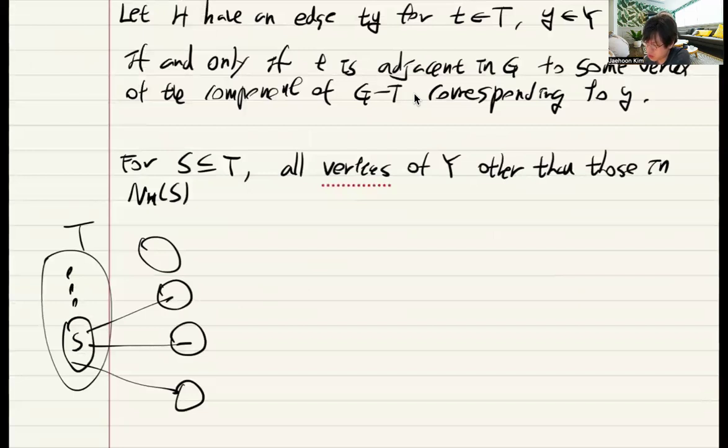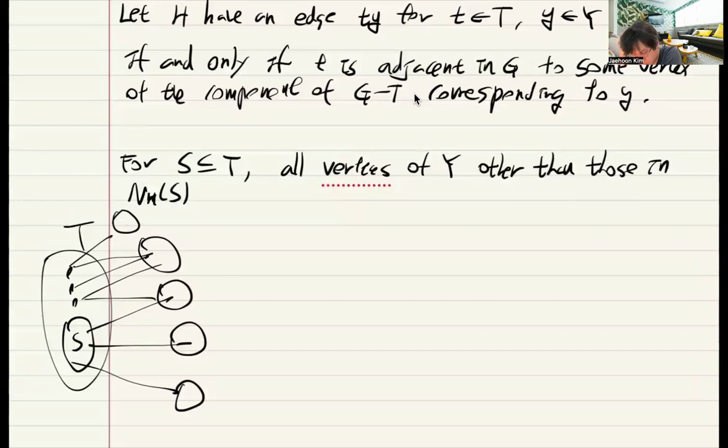There are no edges between here and here, the odd components, and then we have some edges here and here.